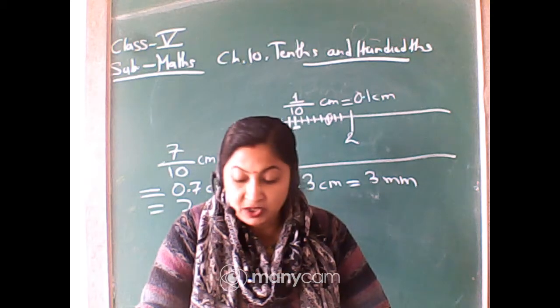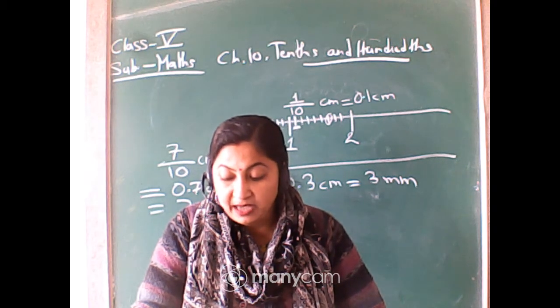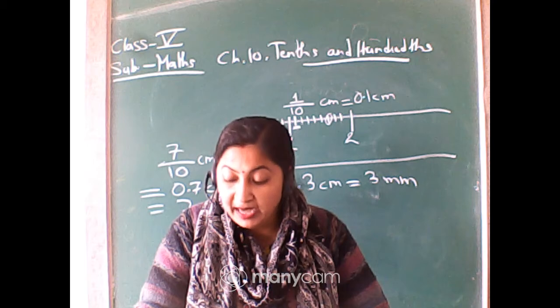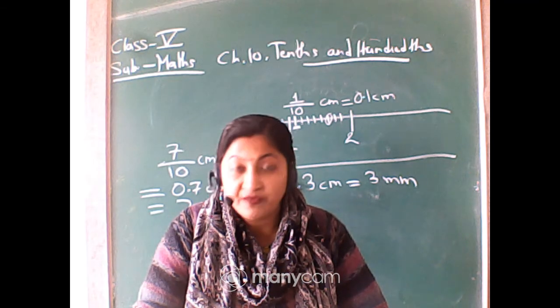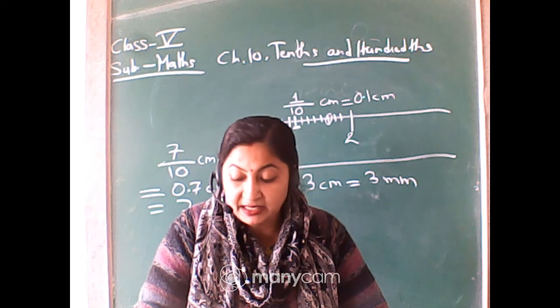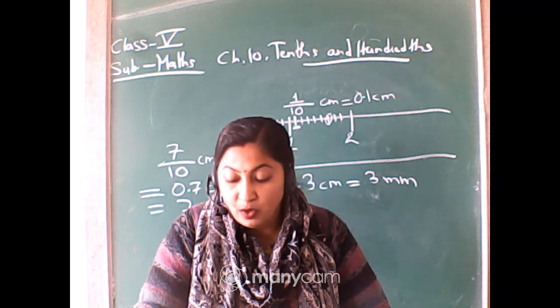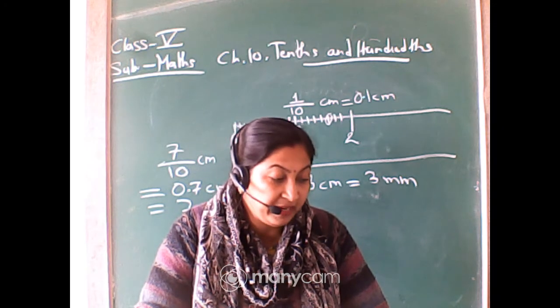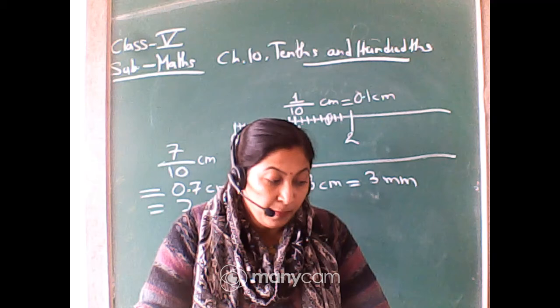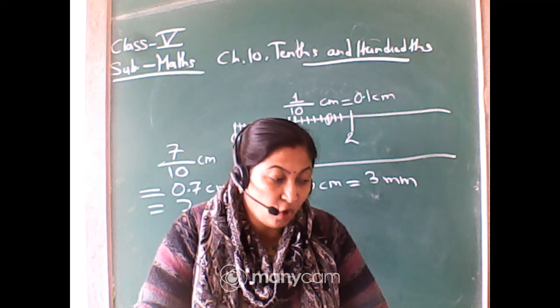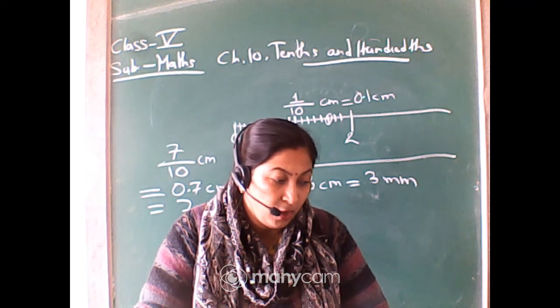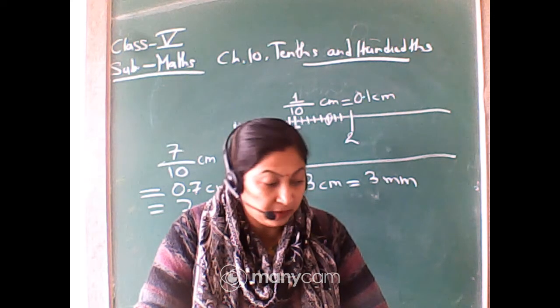Exactly, it is 6 millimeter. The starting point is 1 and the ending point is after 5 and 6 small divisions. That's why it is 6 mm. What is its length in centimeter? Prarthana, not 1.6. It is only 6 mm. And what will you write in centimeter?